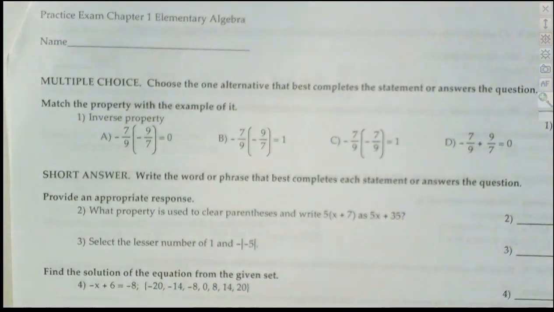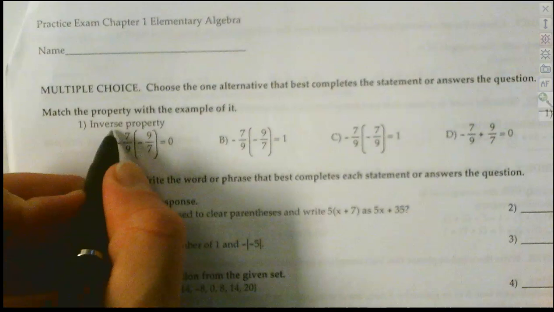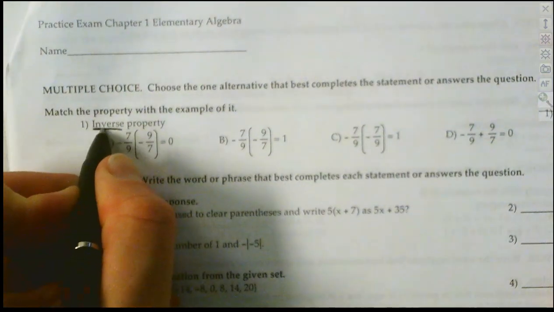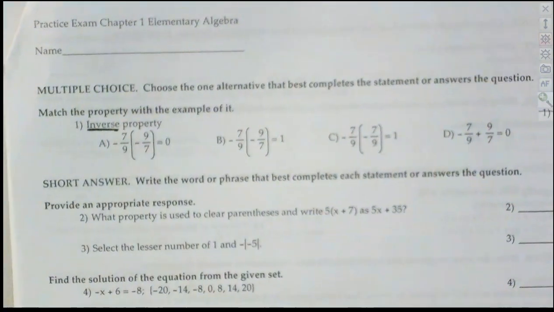Where students struggle at the most is identifying the properties. So we're going to go over specifically the ones that have the different properties. So we want to find the inverse property. And we've got choices.